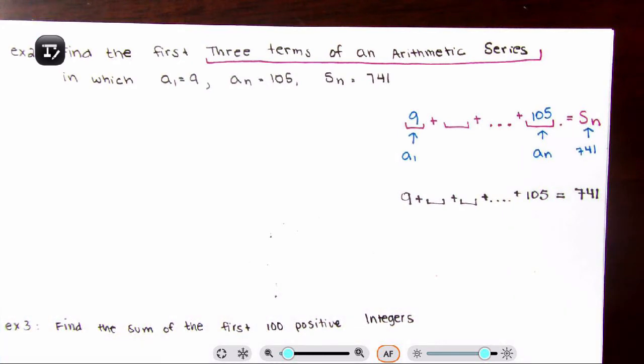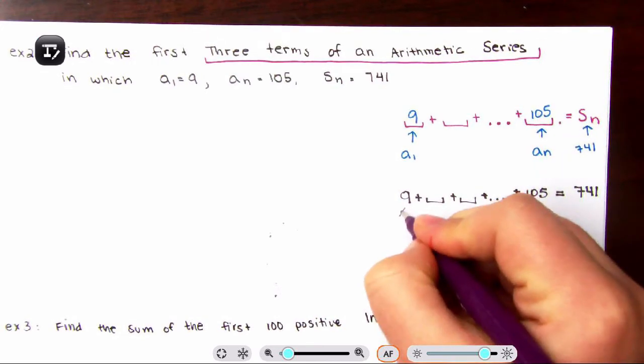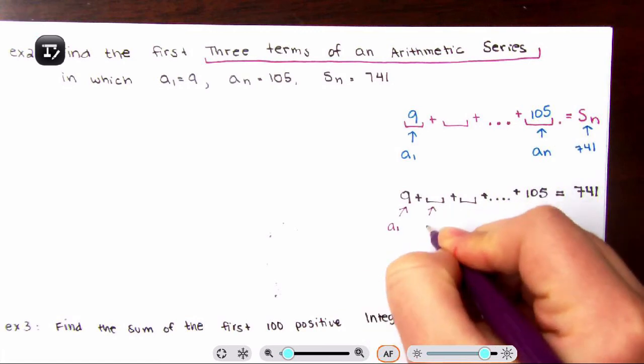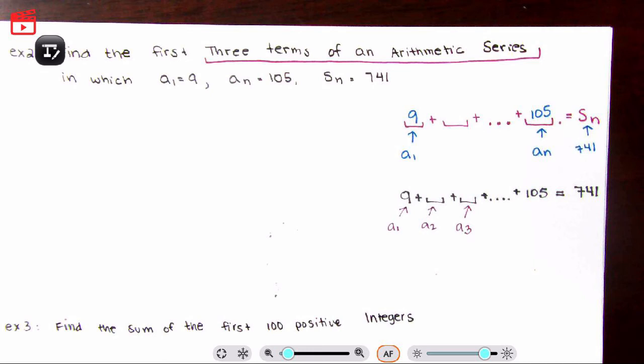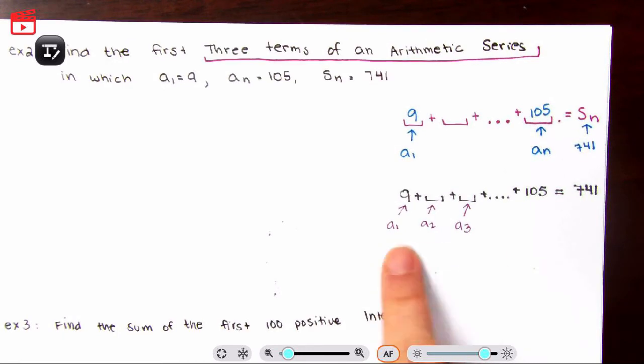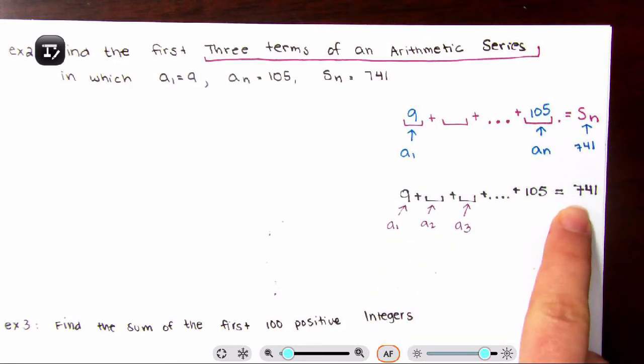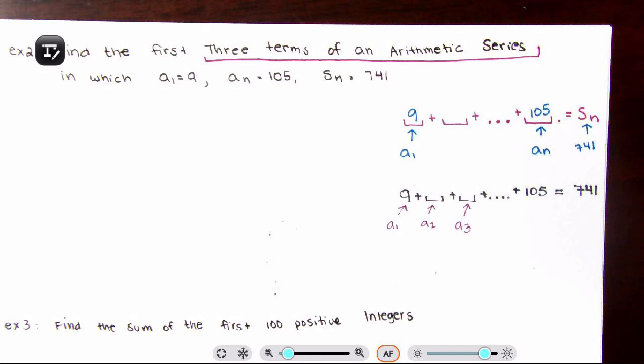And what they want to know is the first 3 of them: a sub 1, a sub 2, a sub 3. They want to know what those 3 first terms are that we ended up adding all together to get 741. Now, it's not these 3 adding up to 741. It's everything, and we don't know how many terms there are. They didn't tell us. So we have to figure stuff out.